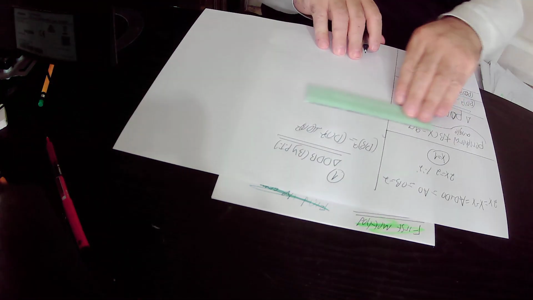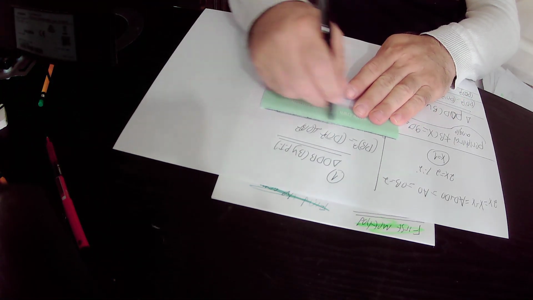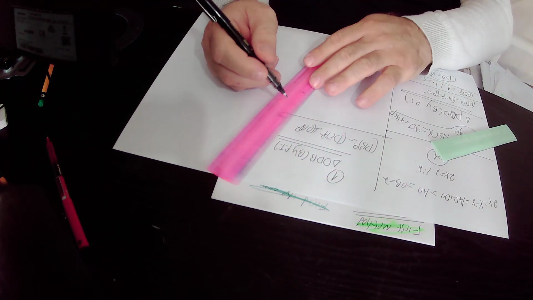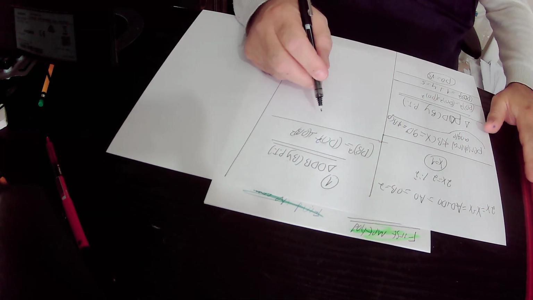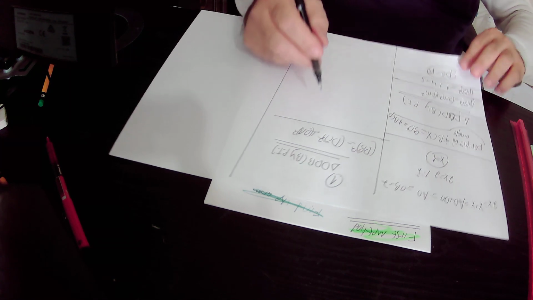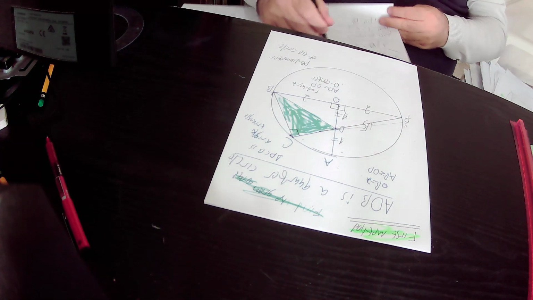I repeat again, in the right triangle DOB, according to the Pythagoras theorem, DB square equals DO square plus OB square.